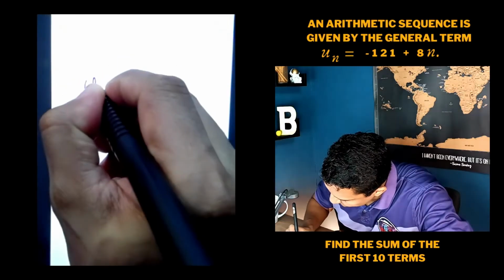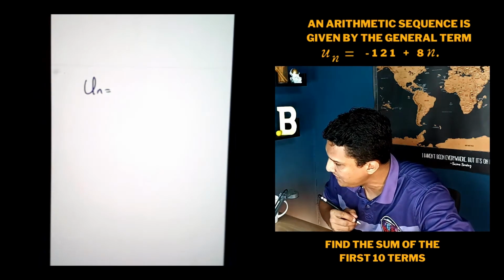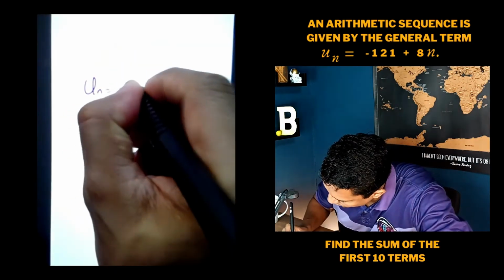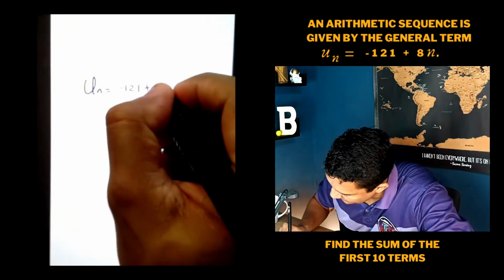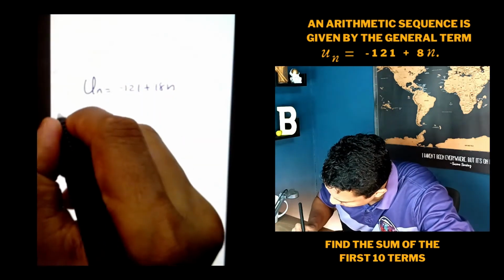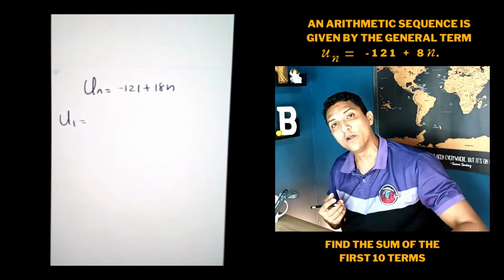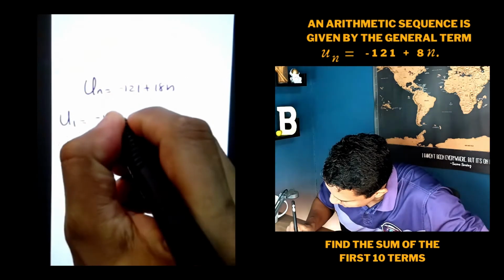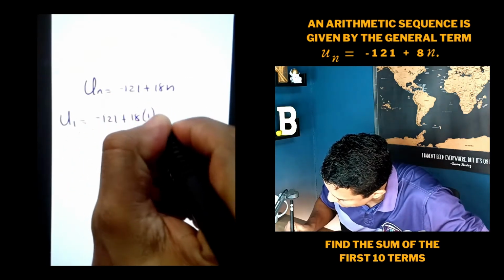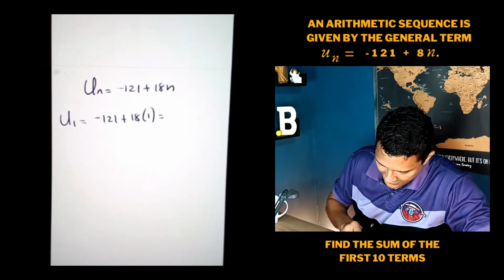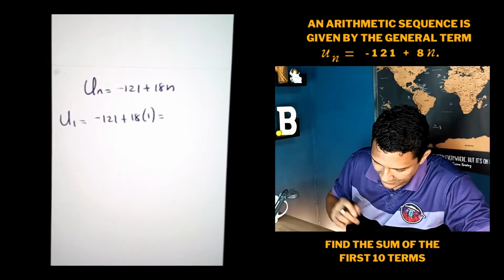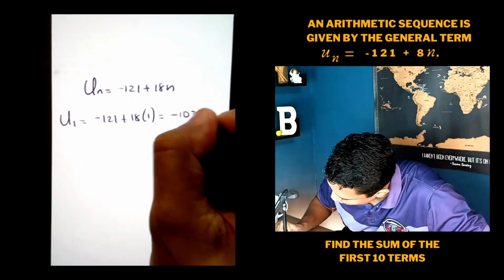I'm going to write first the general formula that is given here, un equals negative 121 plus 18n. And now I'm going to replace n by 1. So negative 121 plus 18 times 1. Negative 121 plus 18, that is negative 103.